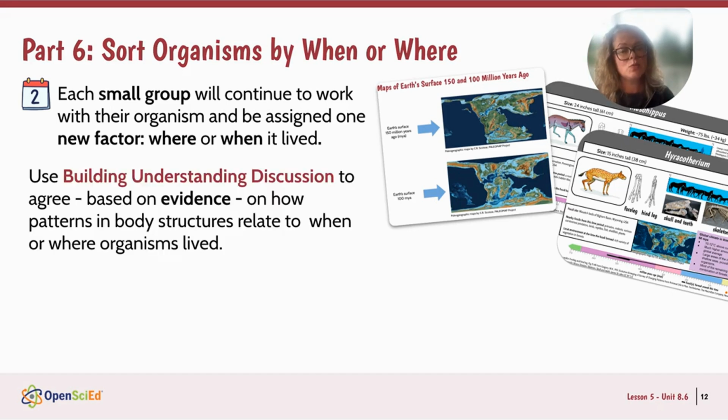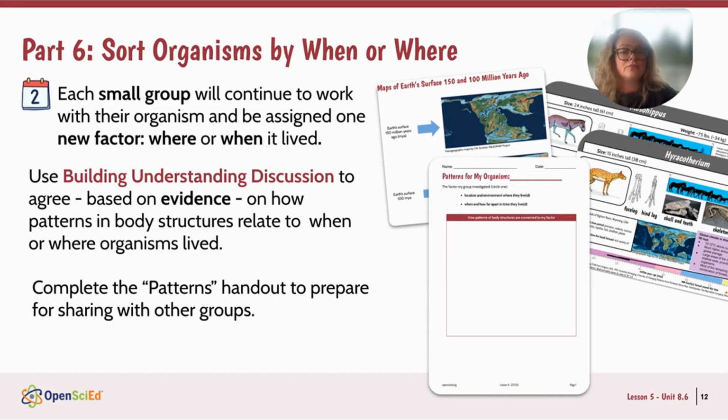And then students will, in their small groups, use building understanding discussion to agree based on evidence on how the patterns in the body structures that they figured out previously relate to when or where those organisms lived. Then they will complete the patterns handout to prepare for sharing what they figured out with other groups.